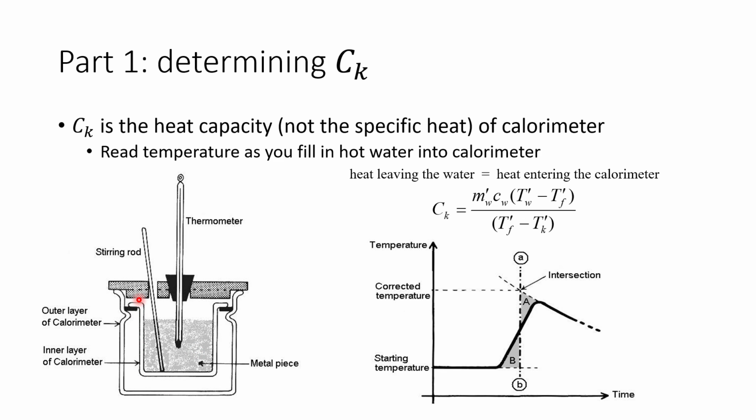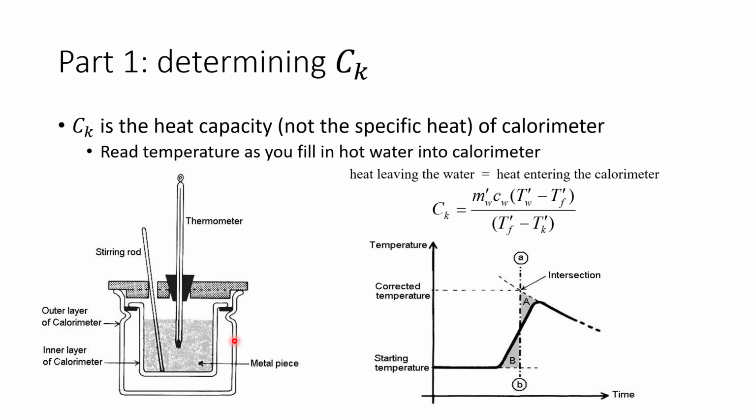So right now the calorimeter is going to start from the initial temperature of T_K prime. Okay, so this T_K prime is going to be your room temperature, and then you're going to pour in some water. So this water is going to be mixed carefully at 60 degrees Celsius. So 60 degrees Celsius is going to be your T_W prime. And now once you mix them together, they would reach equilibrium of T_f prime.